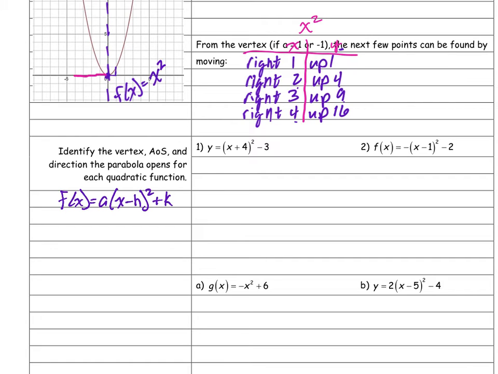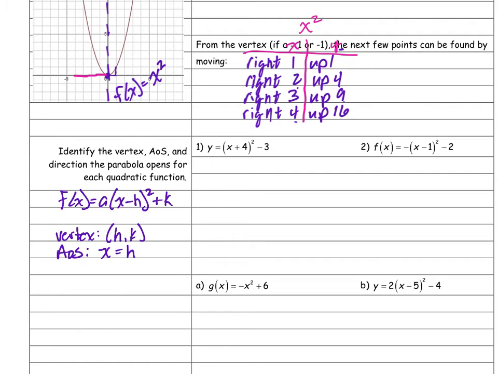So the different parts: the vertex is (h, k), okay? The axis of symmetry, or AOS, is x equals h.